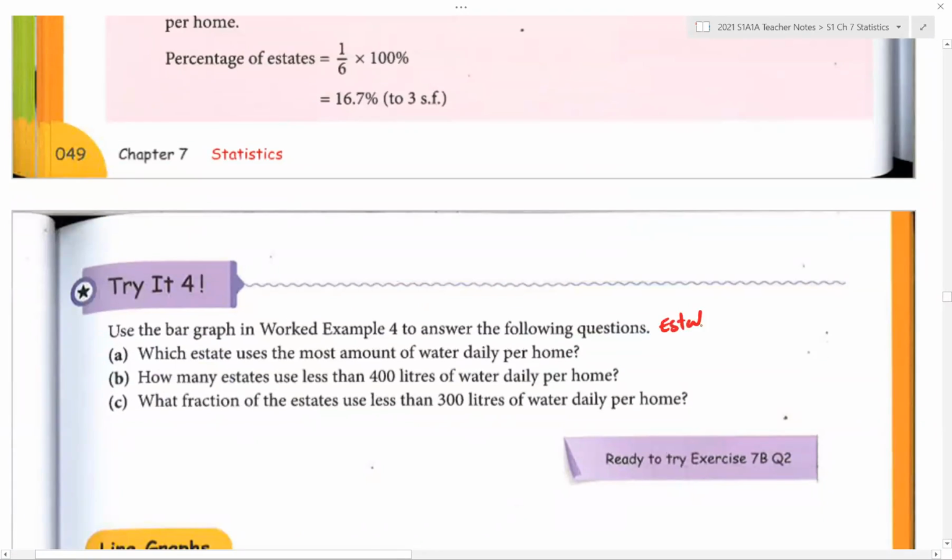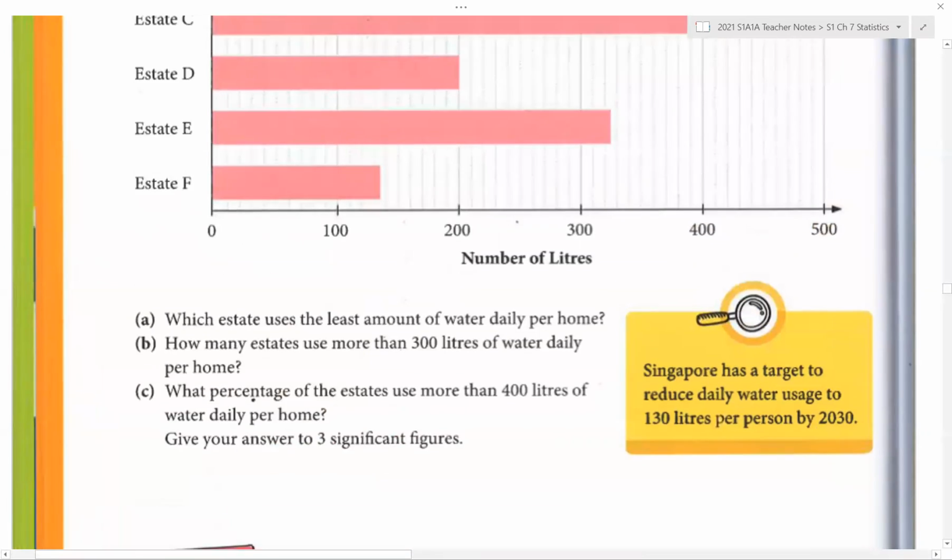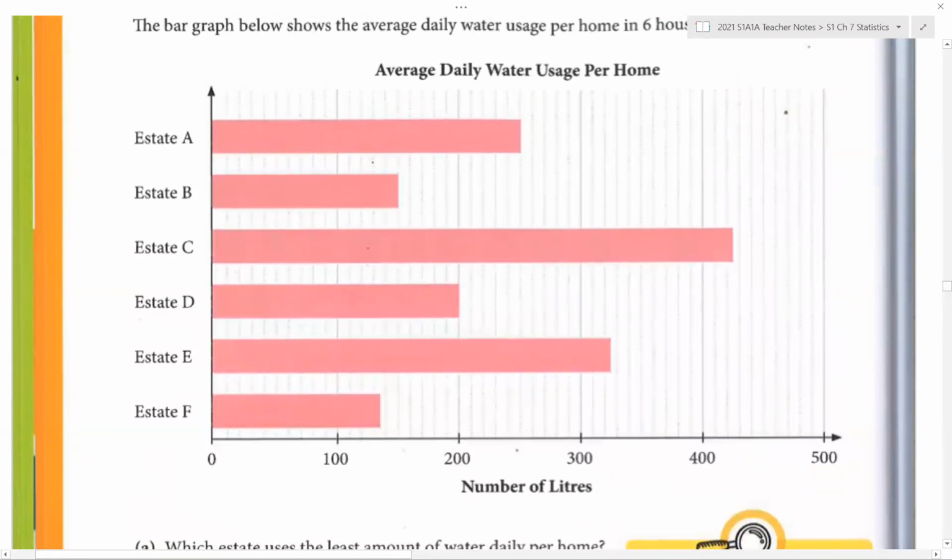Estate C. Now in part B, how many estates use less than 400 liters of water daily per home? Okay, Marilyn, your turn. How many estates use less than 400 liters daily?